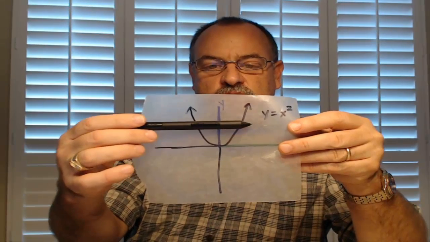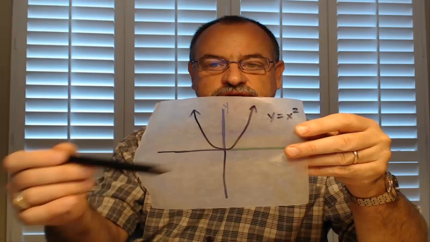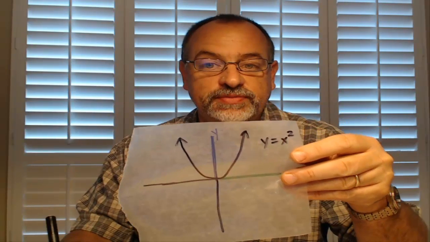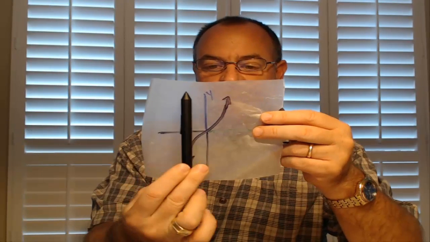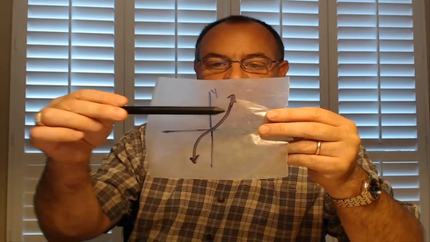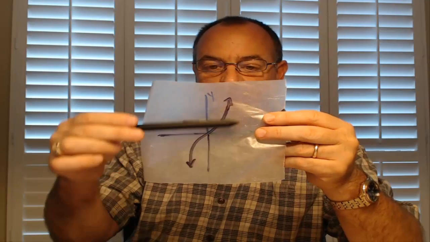If it crosses the graph in more than one place, the inverse will not be a function. If it crosses the graph in only one place, this is a function because it passes the vertical line test and it also passes the horizontal line test, so the inverse will also be a function. So we can use the horizontal line test to determine if the inverse will be a function.